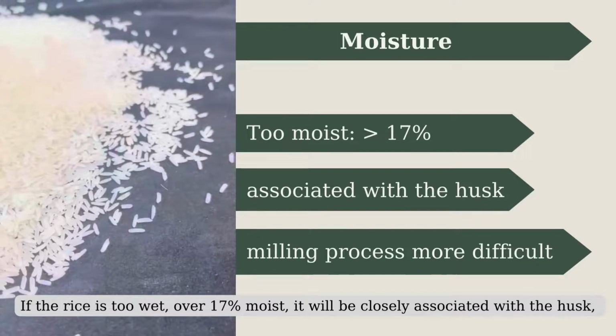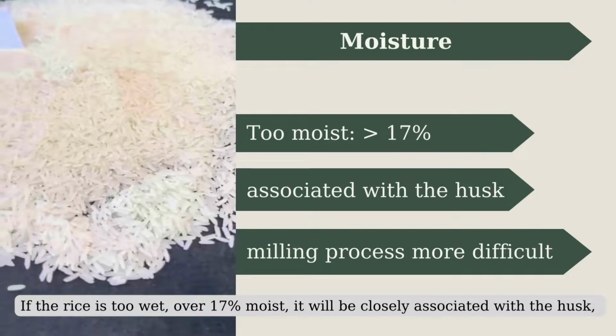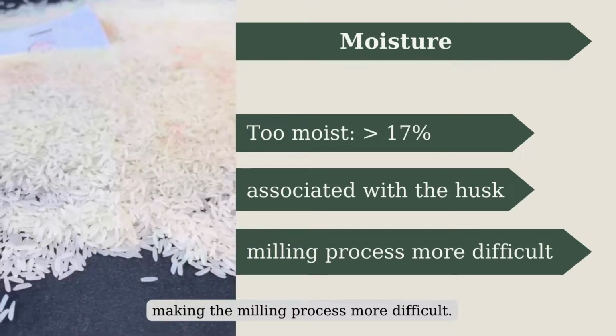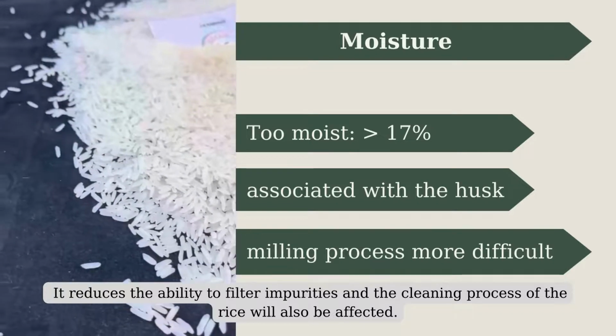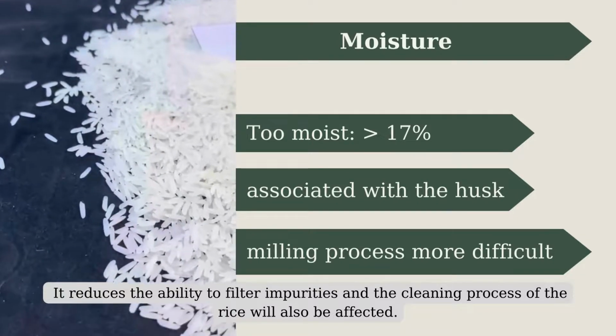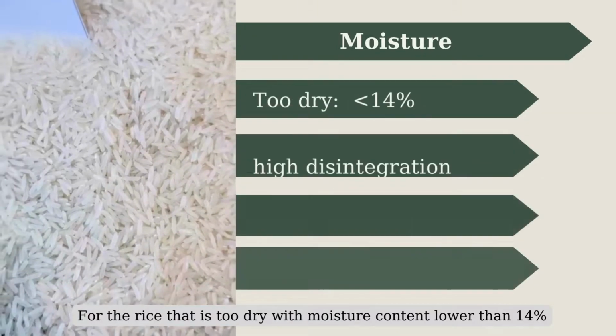If the rice is too wet, over 17% moist, it will be closely associated with the husk, making the milling process more difficult. It reduces the ability to filter impurities and the cleaning process of the rice will also be affected.